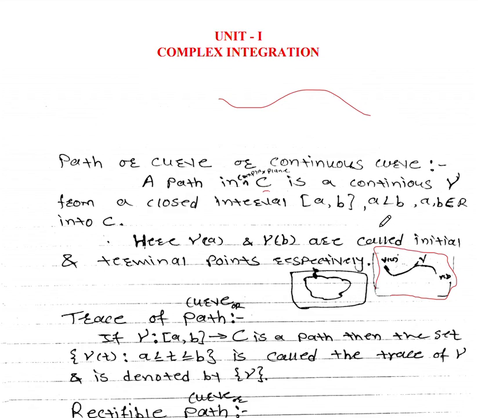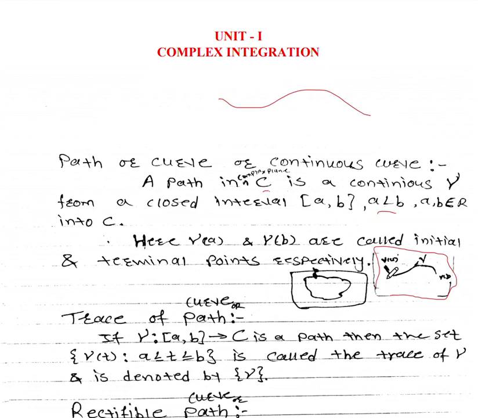We have already seen a less than b, so the starting point is always less than the ending point. Gamma of a and gamma of b are called the initial and terminal points respectively.